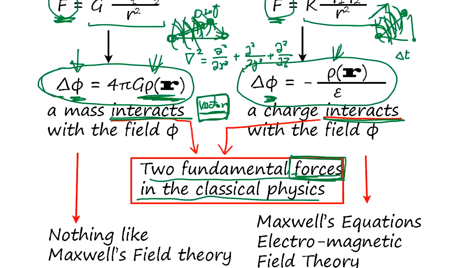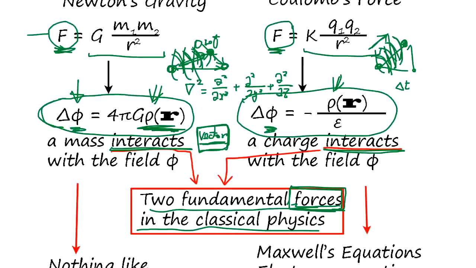more fundamental. So what happened? If you have Newton's law, can you get to the field theory? Well, yes, with additional consideration. If you have Coulomb's force, you can get Poisson's equation, yes, with additional consideration.